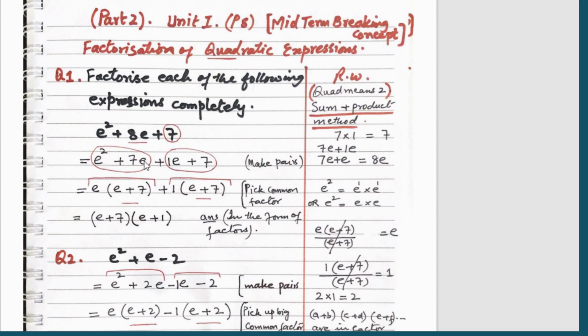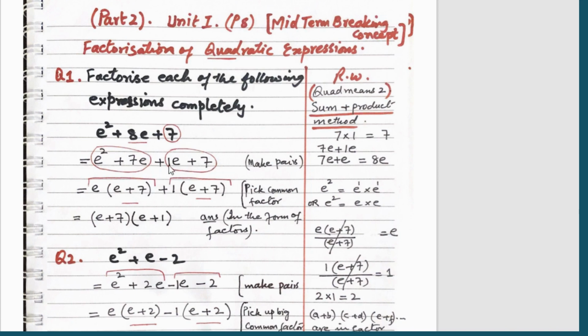Out of these two, e is common in both the terms, so the common term will be picked up like this. We will bring it out, put a bracket over here and write down the rest of the term. When 1e has gone, 1e is left over, right? So e will come over here, plus sign, and e has gone out as common, 7 will come down. Clear? Plus sign as it is.